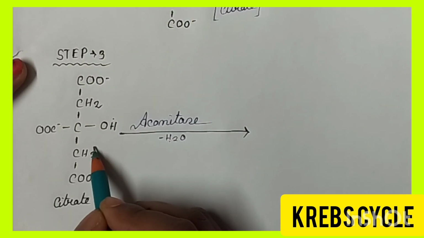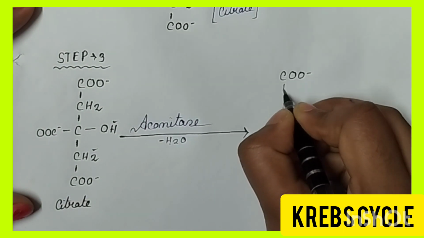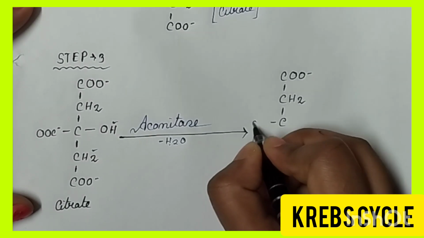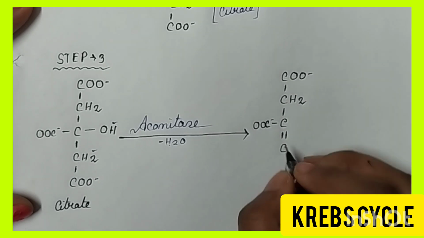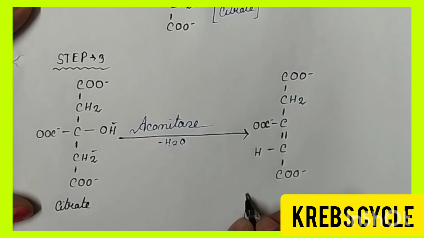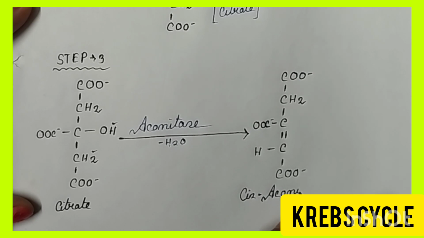The enzyme that helps in these reactions is aconitase, and cis-aconitate is formed when H and OH, a water molecule, are eliminated from the citrate. This process is also known as a dehydration process.